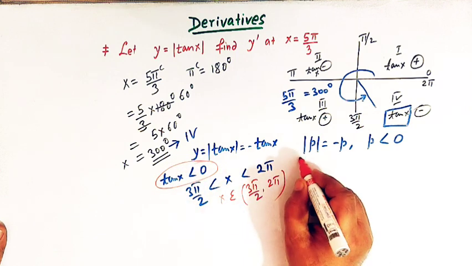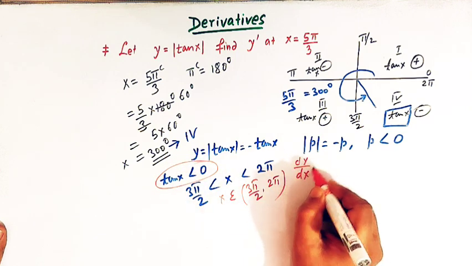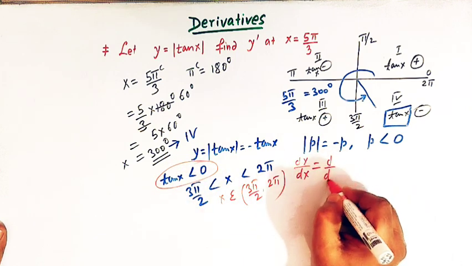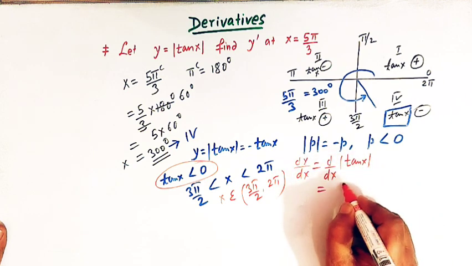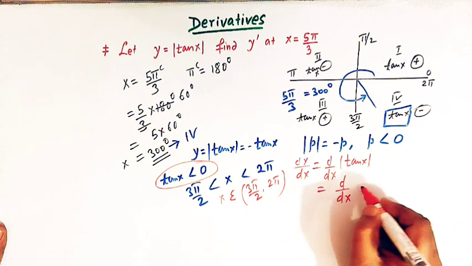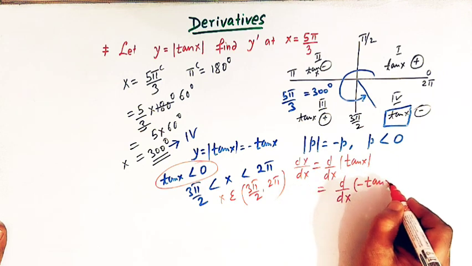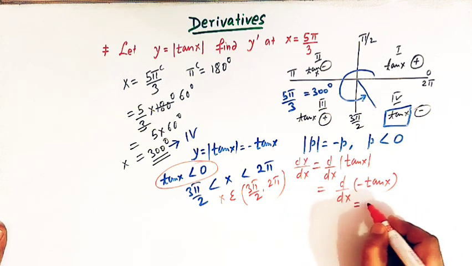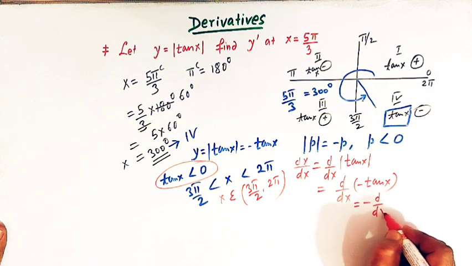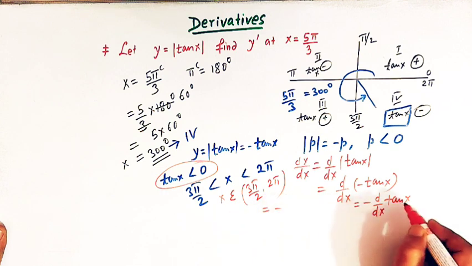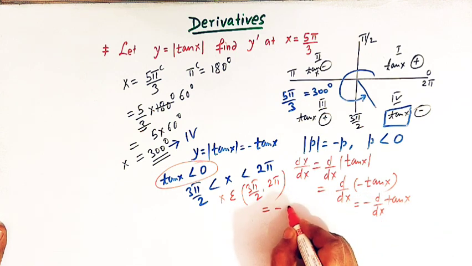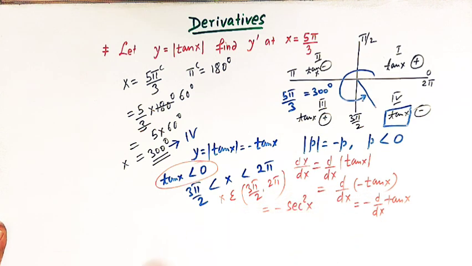So now let us differentiate y with respect to x. The derivative d by dx of mod of tan x is given by d by dx of negative tan x. So here we have minus d by dx of tan x, and the derivative of tan x is sec square x, right?